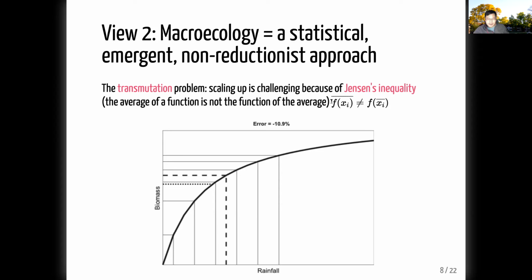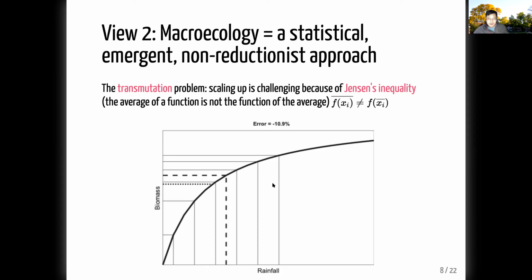So for example, here the bar represents the average. f is a function, and we have f of x_i, say we have 6 of them, for example here, the rainfall and the biomass. The x-axis has the rainfall, the y-axis has the biomass. We pick 6 points, so 6 x values, x1, 2, 3, 4, 5, 6.